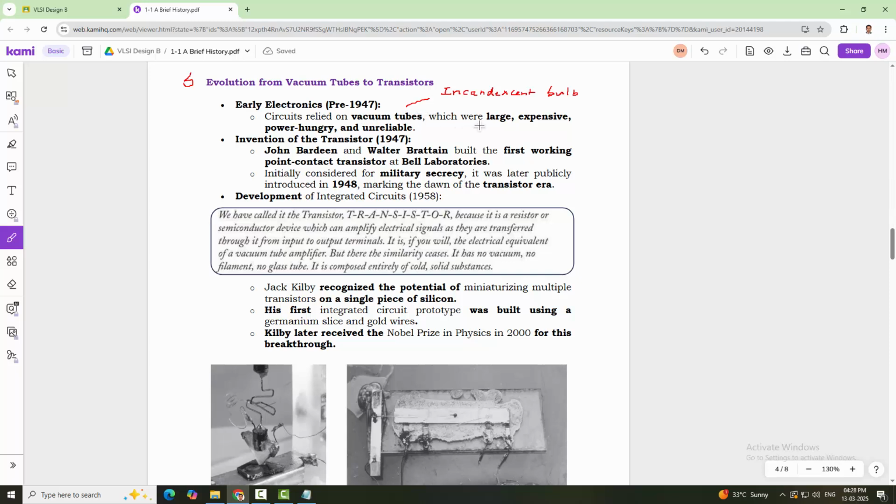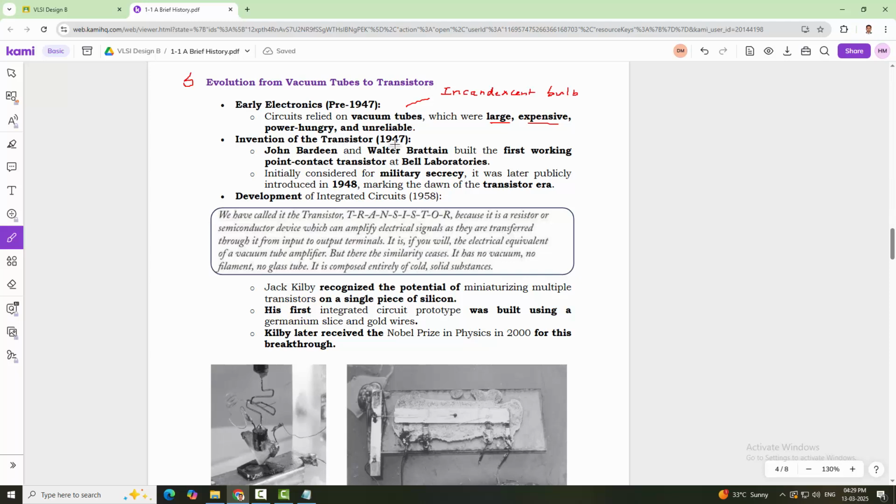These vacuum tubes were very large, of course, and also expensive, power hungry, and not reliable, because these vacuum tubes frequently heat up when we start operating them and using them in circuits, and that was a huge obstacle to building circuits.